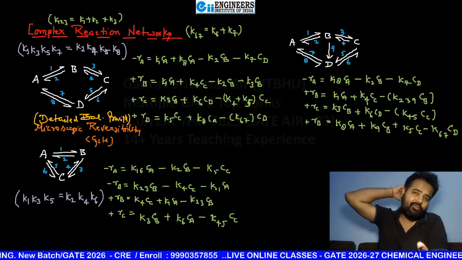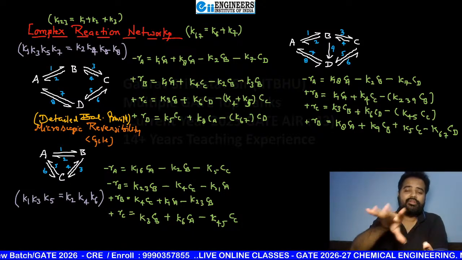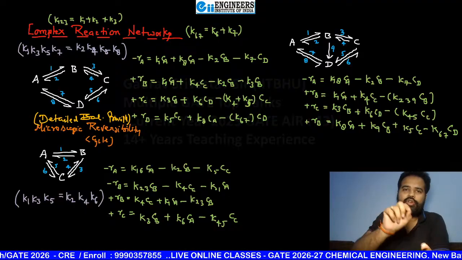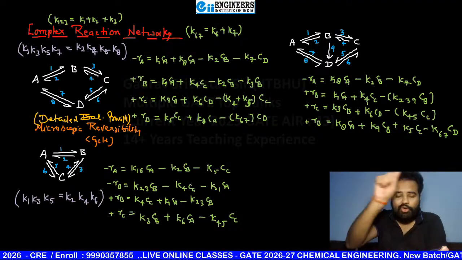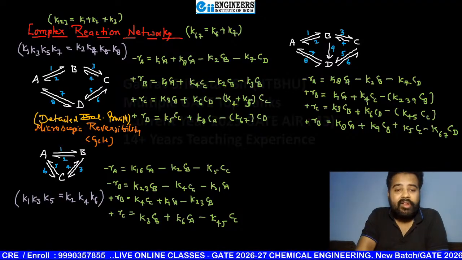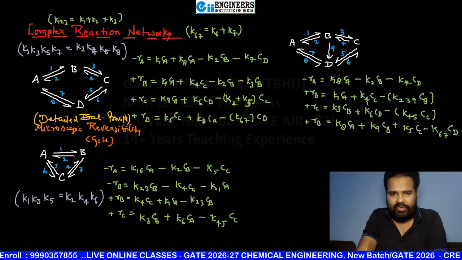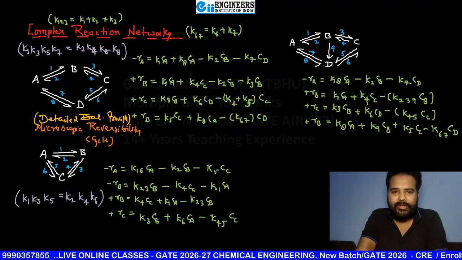In short, if anyone asks why this requirement holds, you have to tell them: because at equilibrium the net flux through any closed cycle must be zero. Okay, done. No need to worry, directly you can write it.